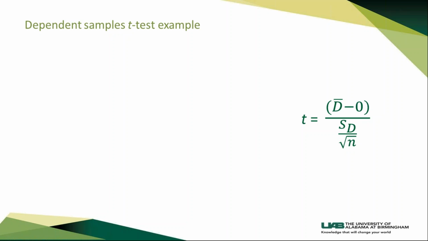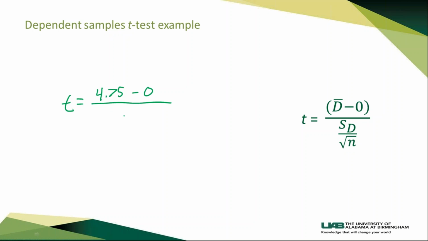So now we have everything we need. So t here is going to be our D bar, or in other words, our mean difference, minus 0, because again, we just want to know, are the mean differences greater than 0? By saying are the mean differences greater than 0, we're saying there is some difference between the time points. And again, we're specifically interested in if exam 2 is greater than exam 1 scores.